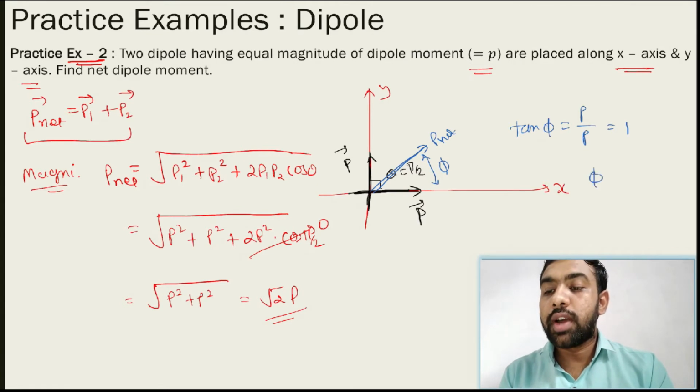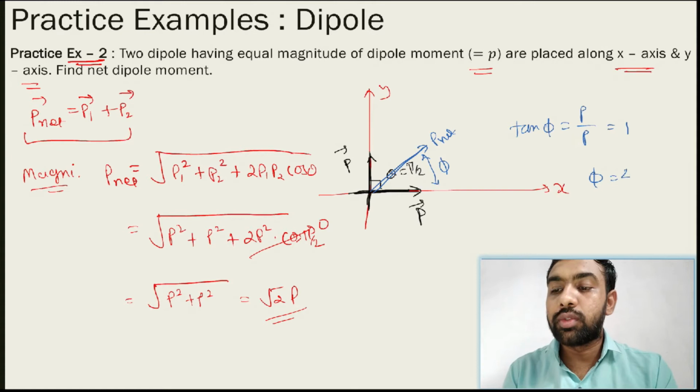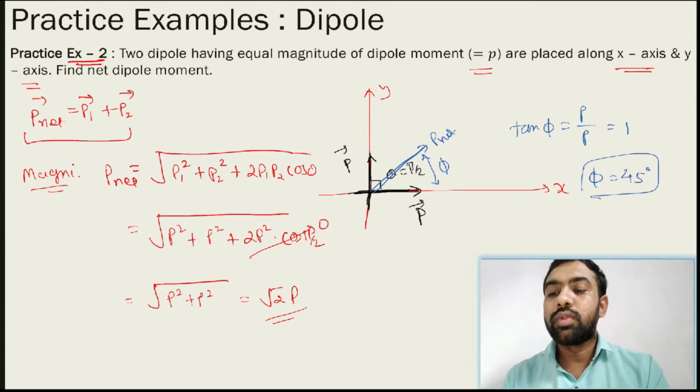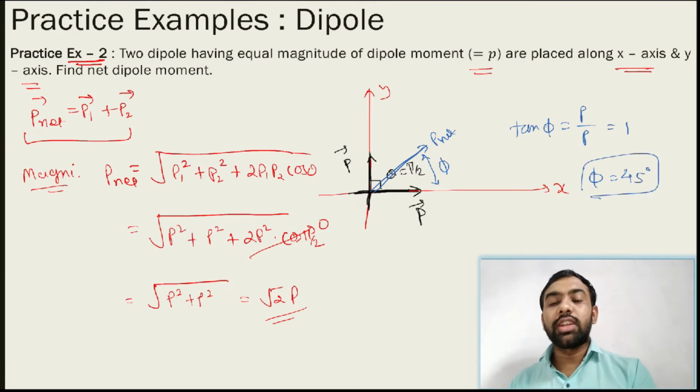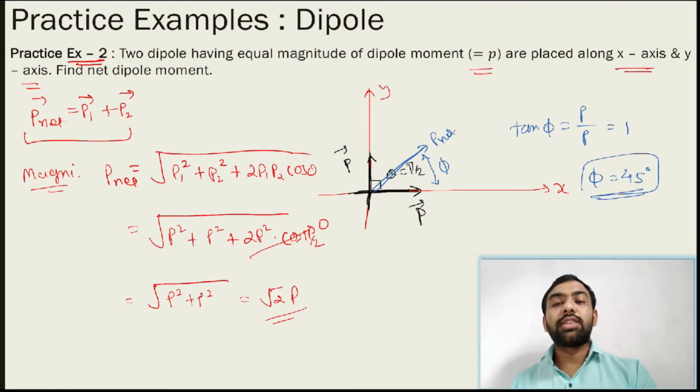When tan phi is 1, phi is equal to 45 degrees. Why am I not using theta? Theta was used only once, so consider another angle. So P cancels out, the answer is 1, and tan phi equal to 1 means phi is equal to 45. So this dipole moment direction is at 45 degrees.